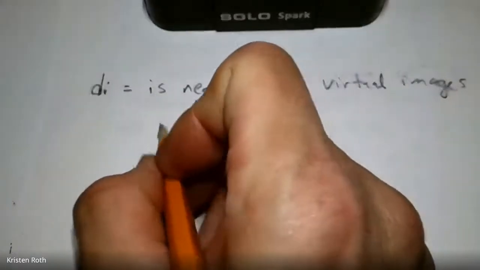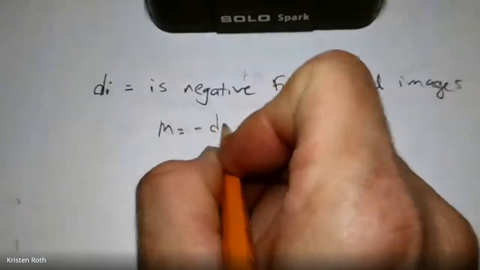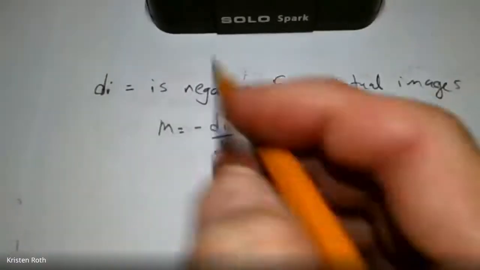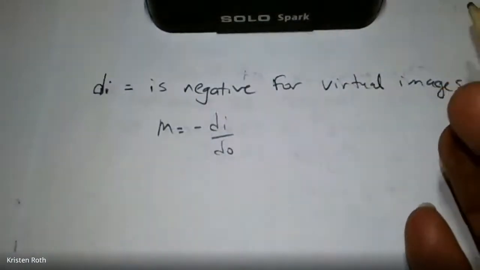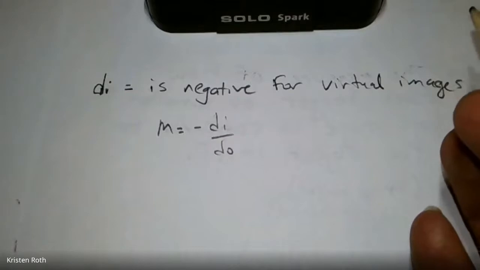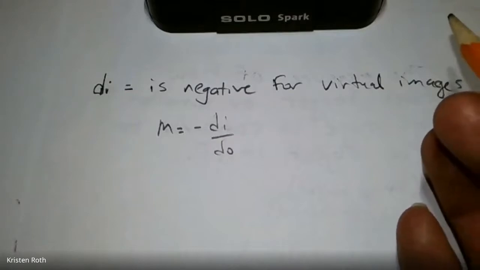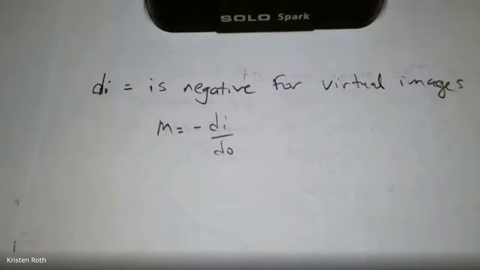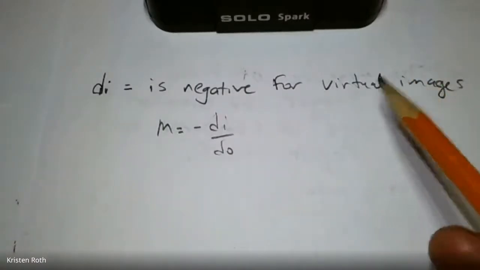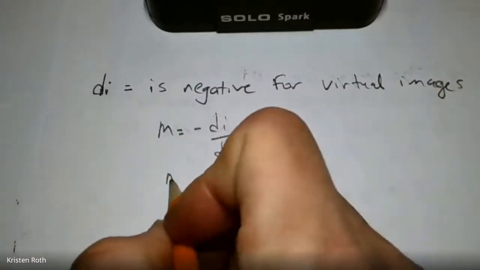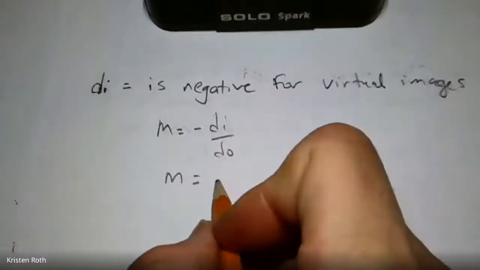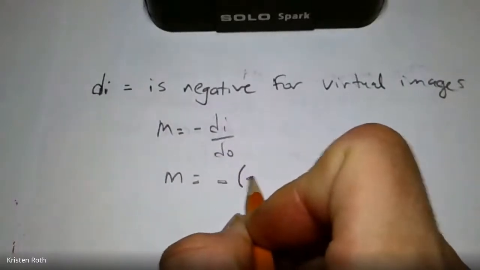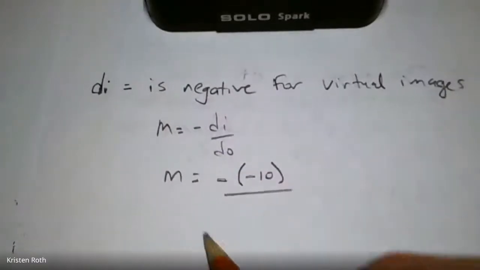So even if we had m equals negative di over dou, and it says the convex mirror created a virtual image that is 10 centimeters, it's telling you that it's a virtual image, so you will therefore have to put it in as a negative as well.